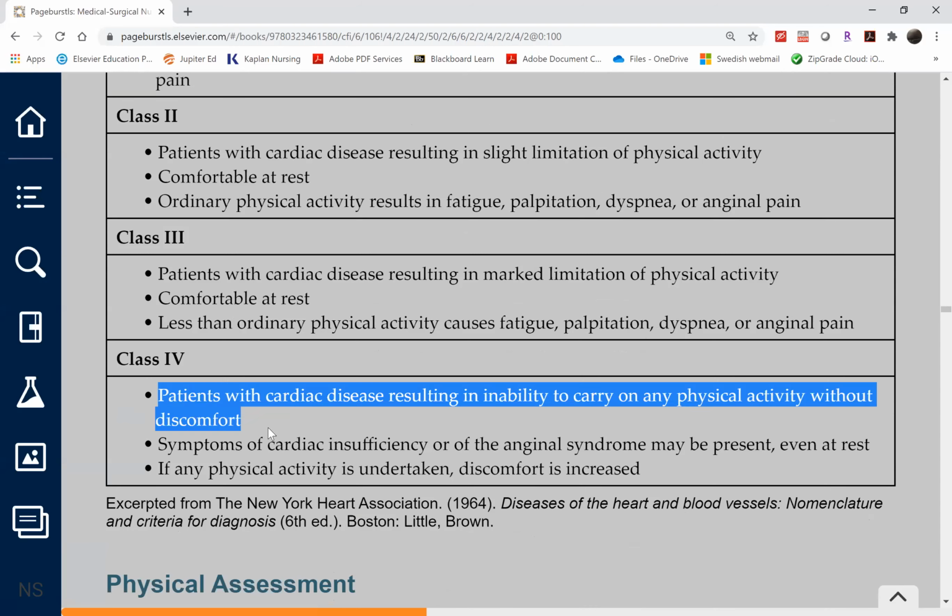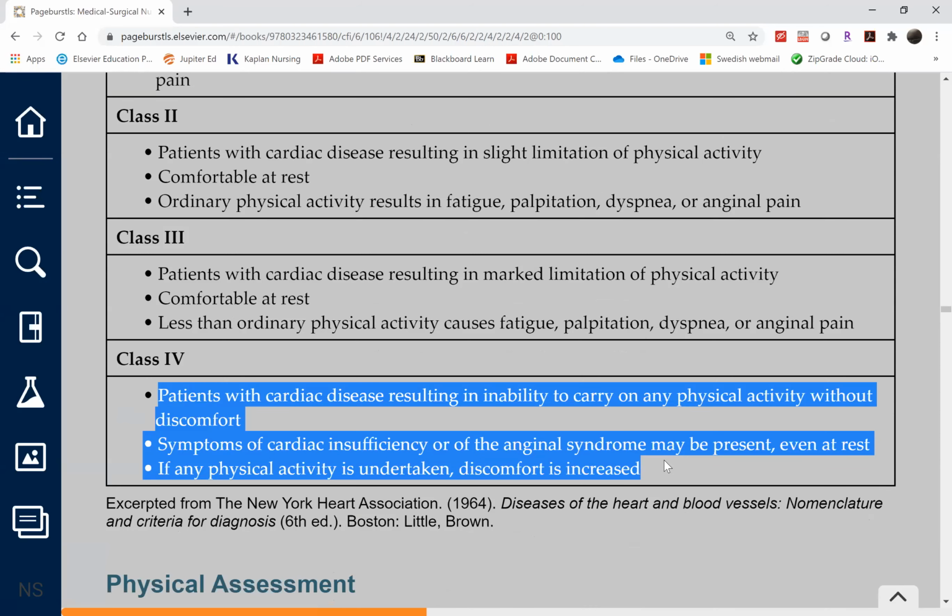Look at class 4. Thank you, Miss Christina. Sorry, Professor, I clicked the wrong thing. Patients with cardiac disease resulting in inability to carry on any physical activity without discomfort, symptoms of cardiac insufficiency, or of the anginal syndrome may be present even at rest.